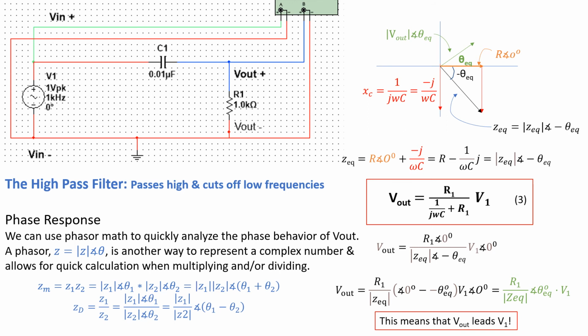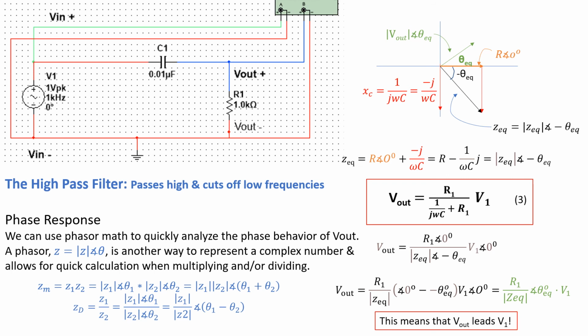So, for example, 5 times j times j is then equivalent to negative 5. And j cubed would be 3 rotations by 90 degrees for a phase angle of 270 degrees. And this continues for each additional j term. A negative j term rotates by negative 90 degrees. 1 over j, as we showed in the last slide, is the same as minus j, or negative j, and therefore should be thought of as a vector rotation by negative 90 degrees.